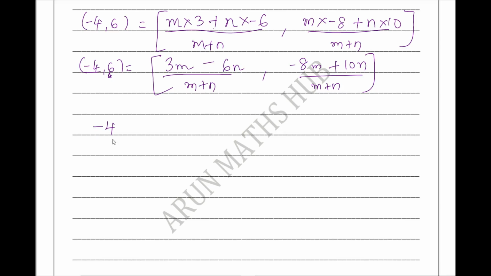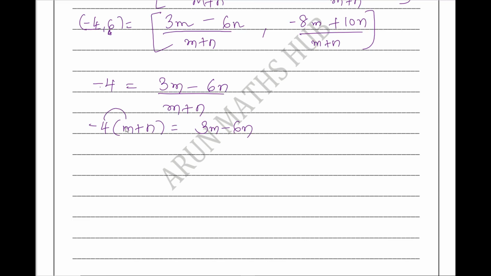Minus 4 equals (3m minus 6n) divided by (m plus n). Now cross multiply. Minus 4 into (m plus n) equals 3m minus 6n. Now minus 4 into m is minus 4m, and minus 4 into n is minus 4n, equals 3m minus 6n.